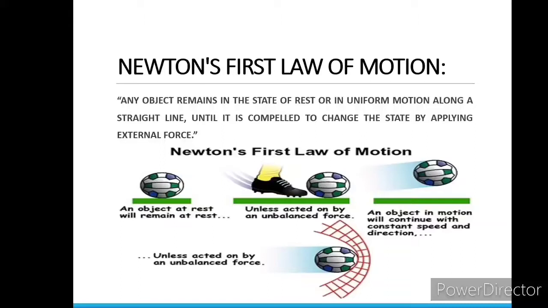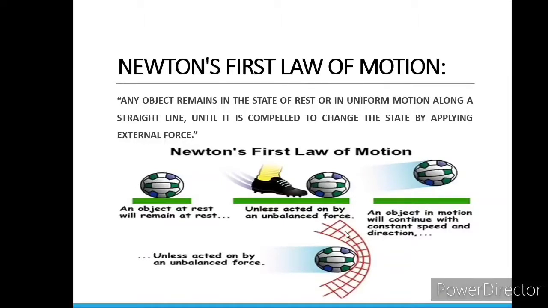So with constant speed, and it will go in the same direction. Even the direction of the ball will not change until a force acts upon it. Which kind of force? An unbalanced or a non-balanced force.